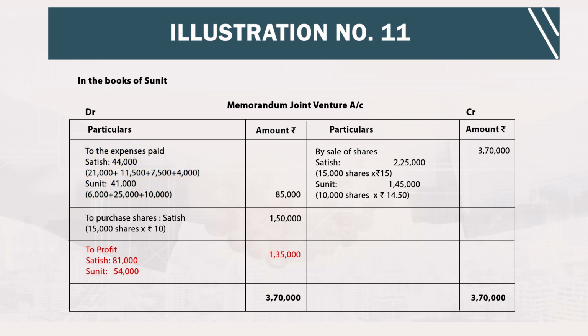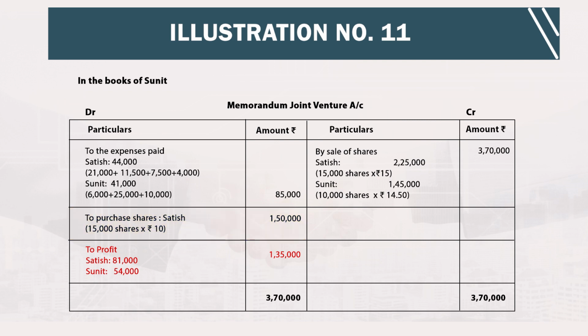Now total of 44,000 plus 41,000, that is 85,000, is on debit side of memorandum joint venture account. Next, the purchase of shares by Satish, 15,000 shares at the rate of rupees 10, this amount will be on debit side, rupees 1 lakh 50,000.